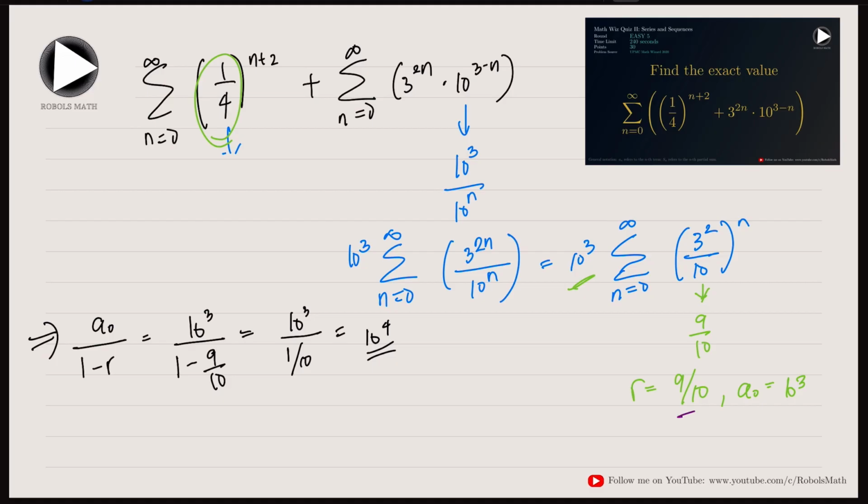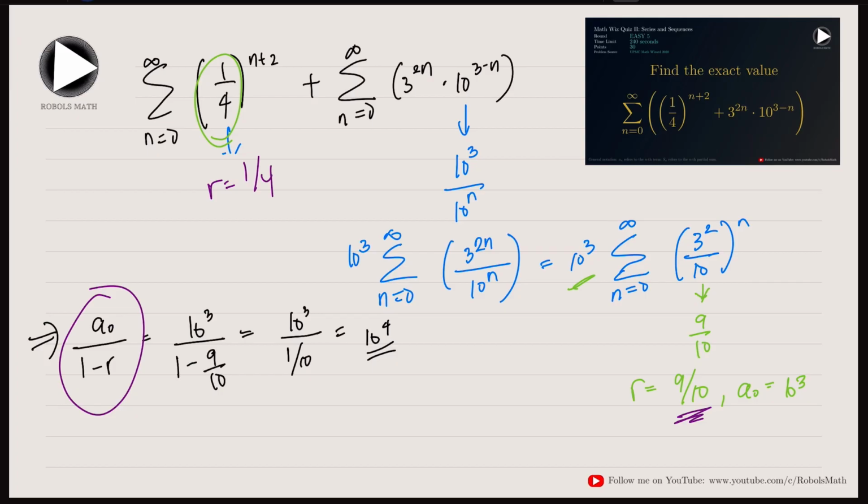So in this case, the second expression, it's 9 over 10, that's less than 1. For the first expression, r equals 1/4, which is also less than 1. So both of them are less than 1, so we can definitely use the formula a sub 0 over 1 minus r. Otherwise, we cannot use the formula and we say that the series diverges.